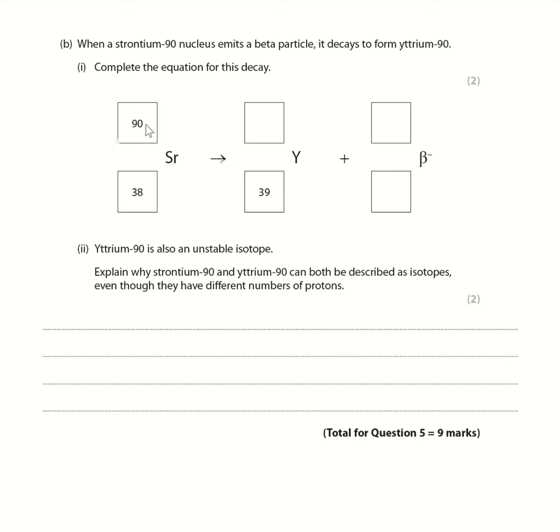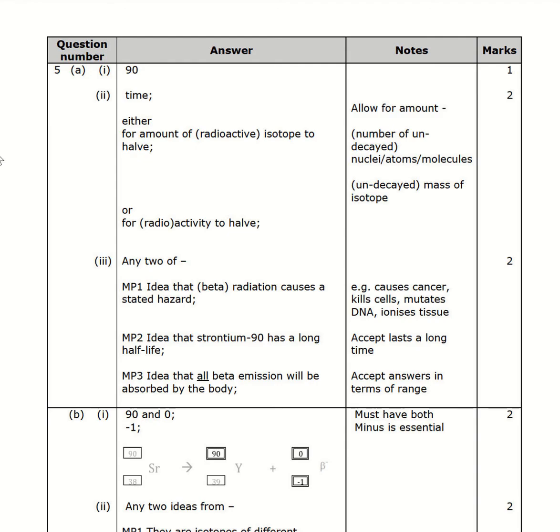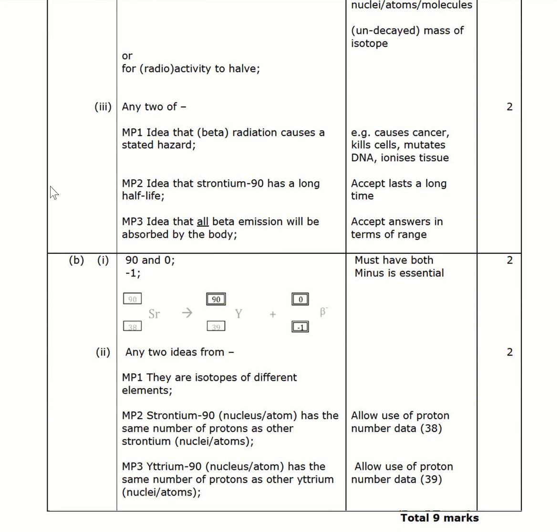The nucleon number stays the same, but the neutron number decreases and the proton number increases. So that's 90, and 0 and -1, the charge is -1, and 90 stays 90, and that's 39.